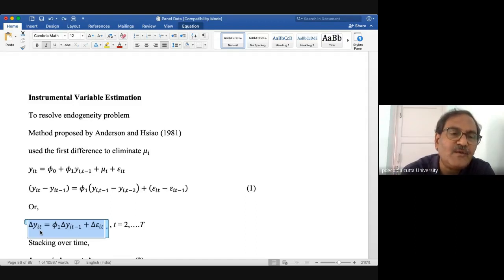In this way, delta yi capital T. Or if you assume you know the value for y naught, what is y naught? Past value for y1. So in that case, you can put the value for t is equal to 1 to capital T. Because if you put t is equal to 1 in the left hand side, here you have got y naught.